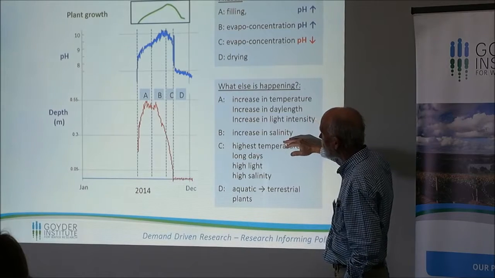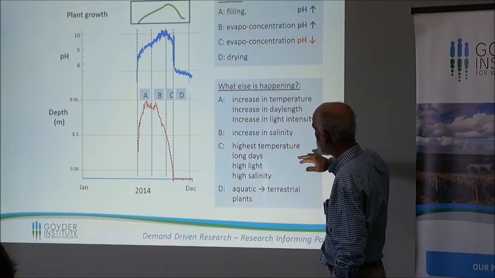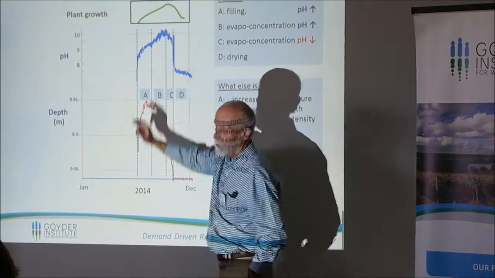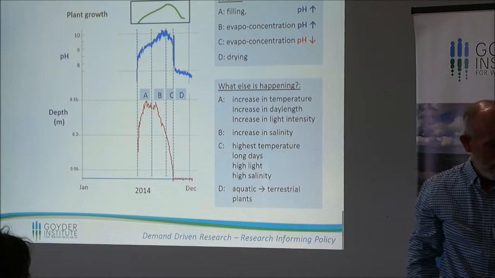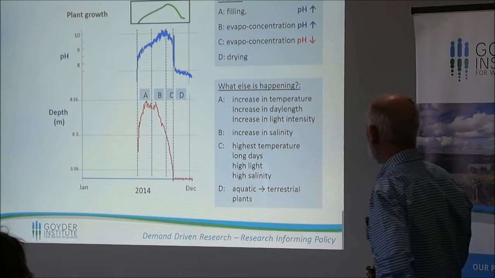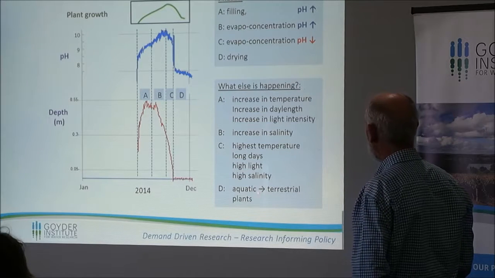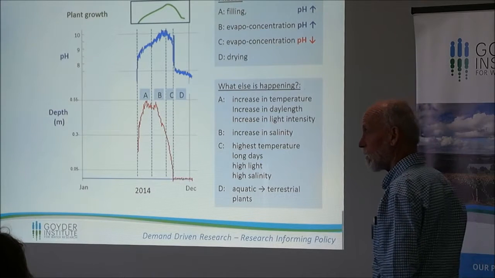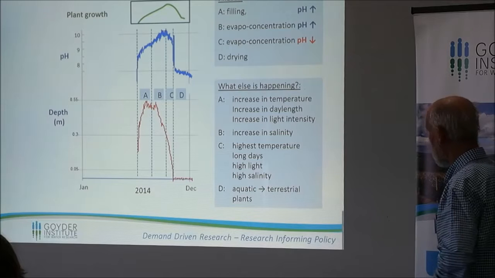In the B phase, as it starts to dry out, the salinity is increasing, so that's changing. And then in the C phase, which is starting to correspond to the highest pH, we've got all of these things converging: lots of light, lots of temperature, and probably lots of nutrients because it's being concentrated.